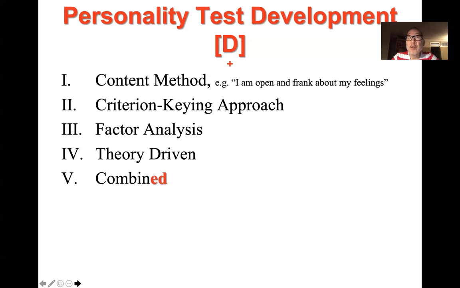Factor analysis is the third approach, which is very similar to the criterion keying approach. You might just be seeing correlations among items, which is what's typically done, and you run a factor analysis to see if the intercorrelations among the items factor into certain groups, which is what happened in the case of developing the Minnesota Multiphasic Personality Inventory.